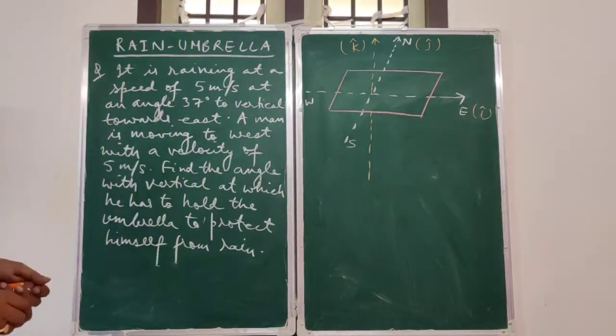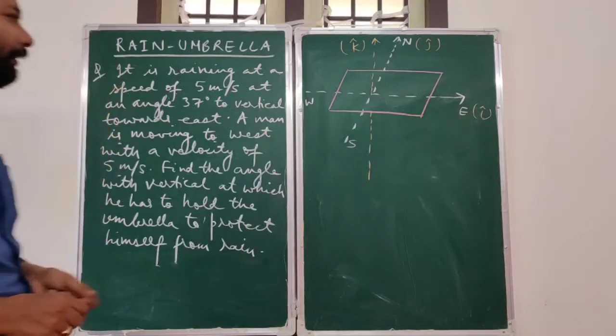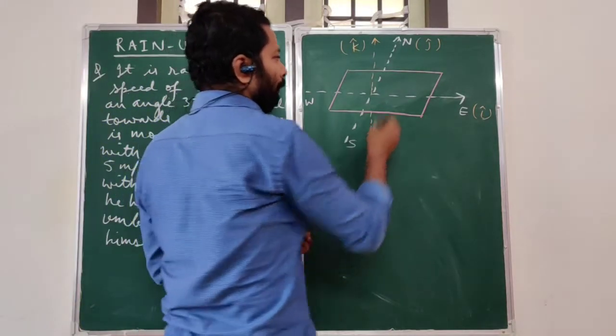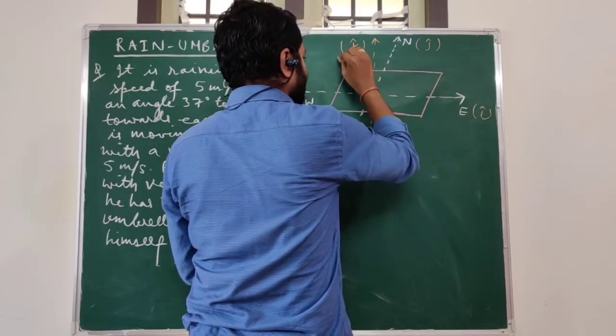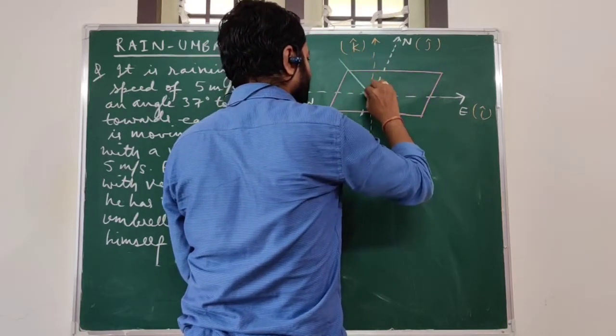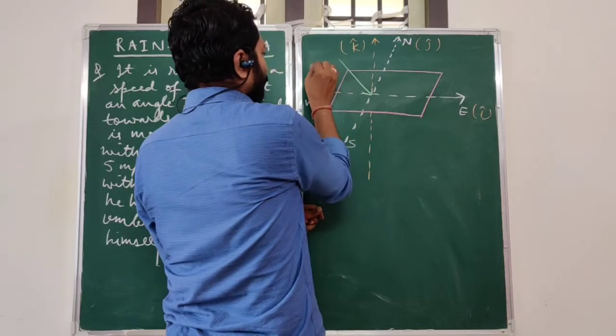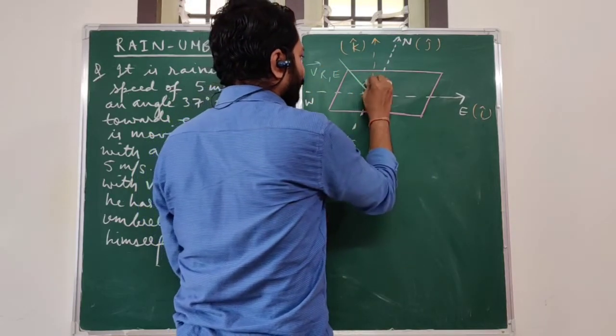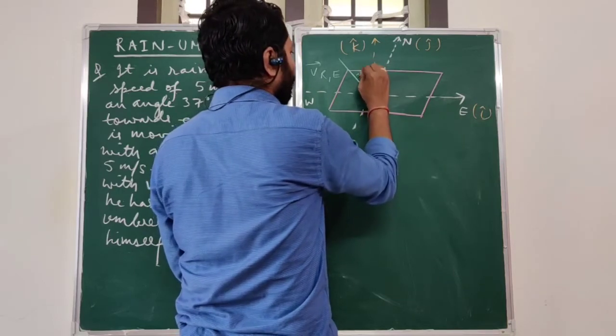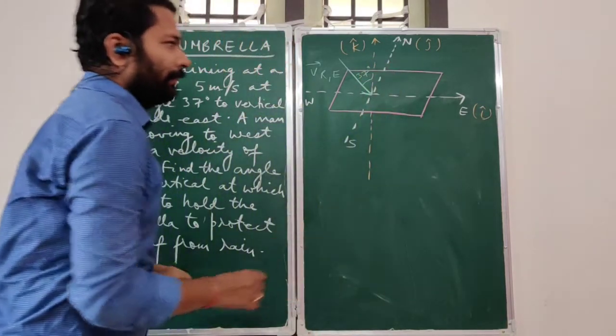It has been given that it is raining at a speed of 5 meter per second at an angle of 37 degrees to the vertical. So it is raining: velocity of rain with respect to earth. What is the angle it is making with the vertical? 37 degrees.